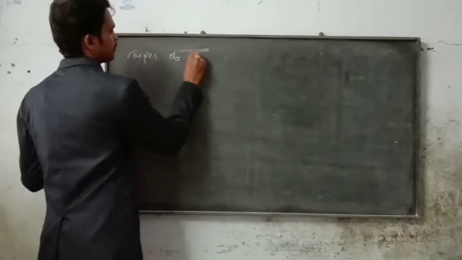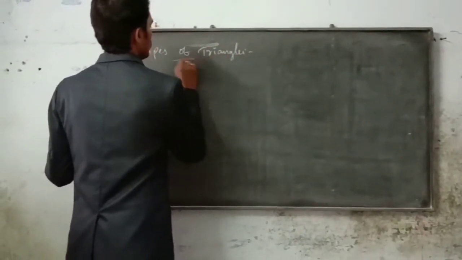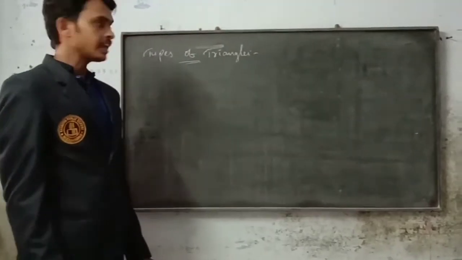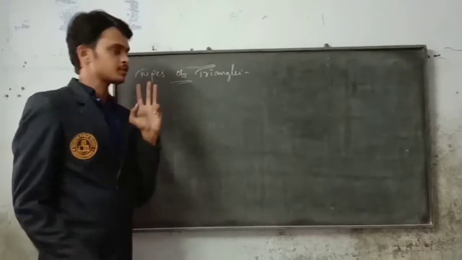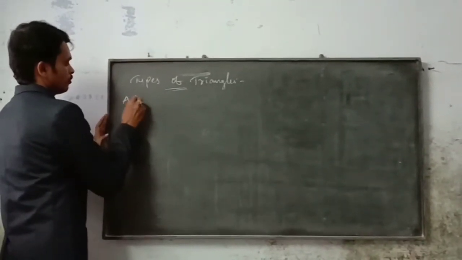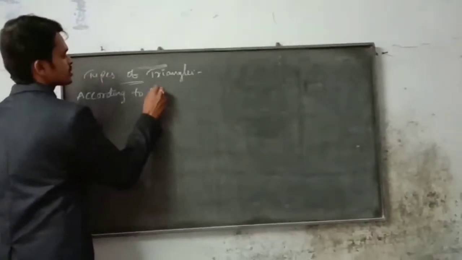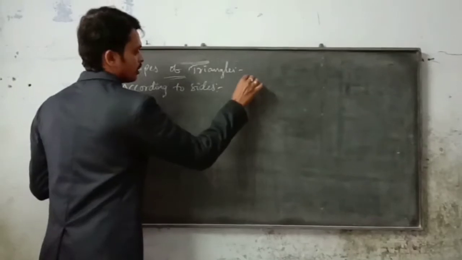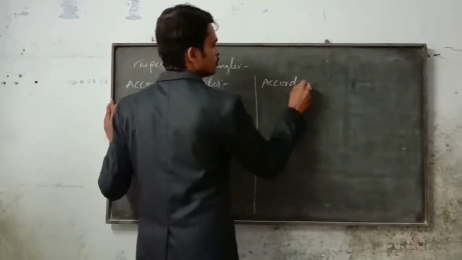Types of triangles. According to sides, there are 3 types, and according to angles, there are 3 types. Totally, triangles have 6 types.